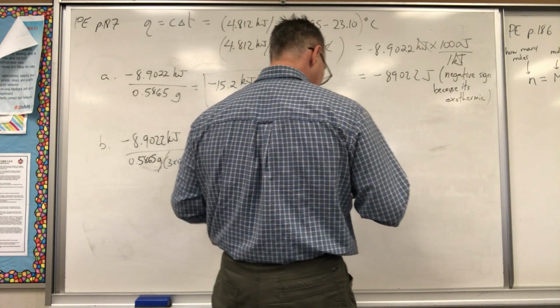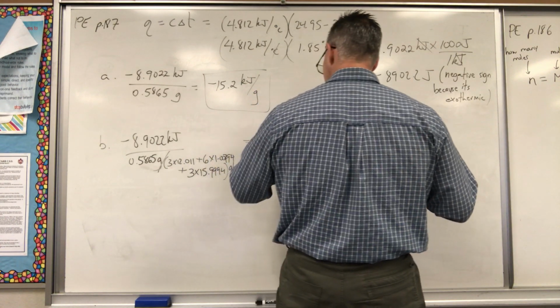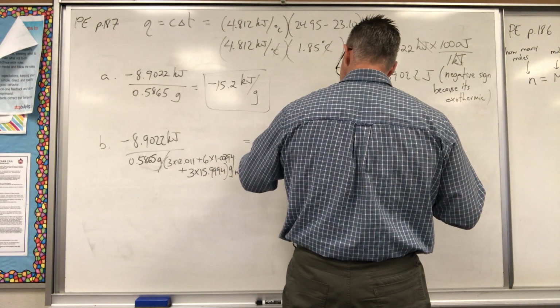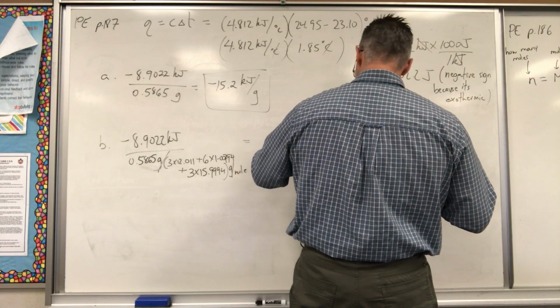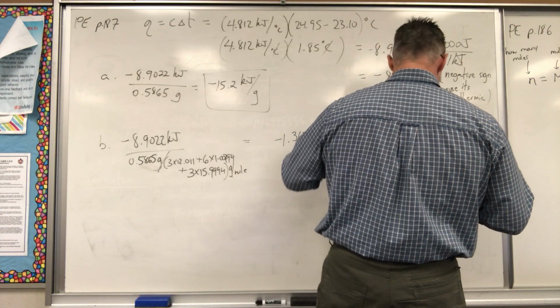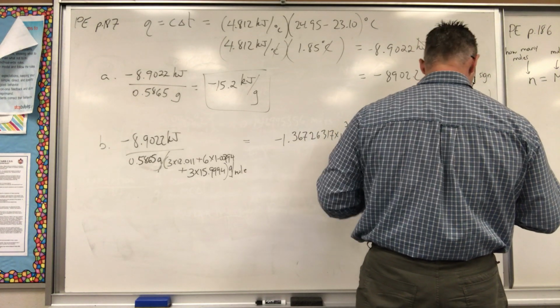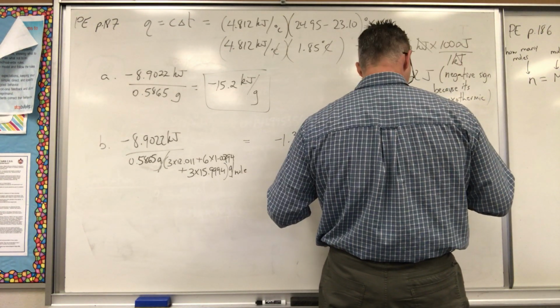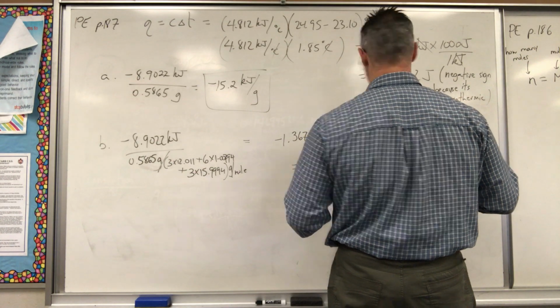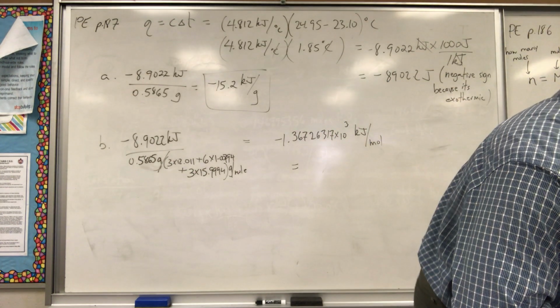What that works out to is negative 1.36726317 times 10 to the power of 3 kilojoules per mole of lactic acid burned. And you're only allowed, I think, 4 significant figures.